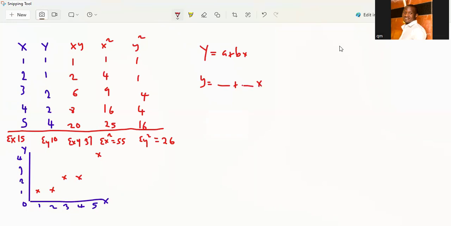The formula for the gradient b is equal to n summation of x y, minus summation of x times summation of y, over n summation of x squared minus summation of x to the power 2.